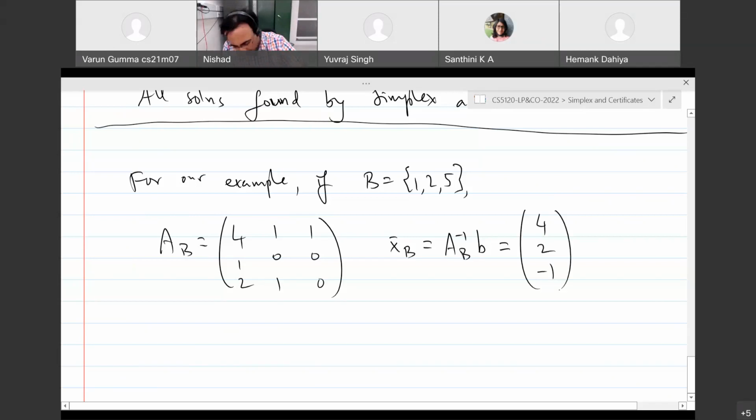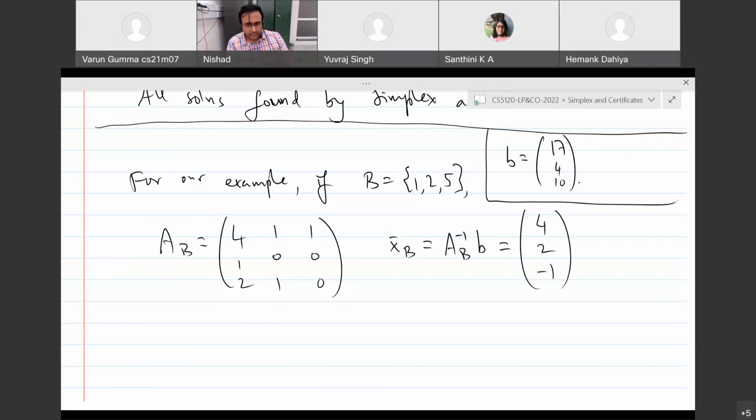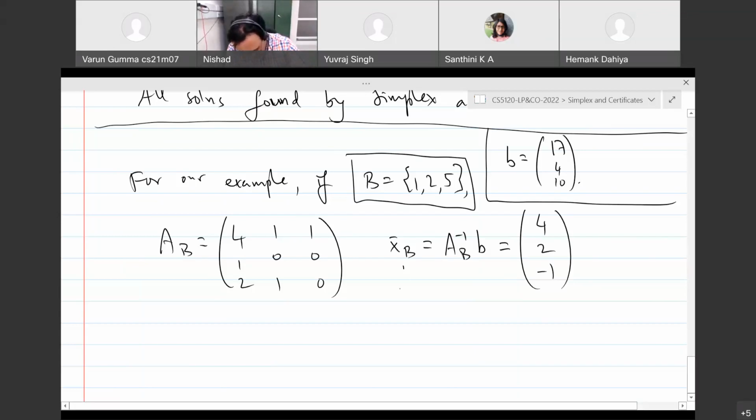Remember b is our same vector as before, 17, 4, and 10. So that's what you would get. And notice that this is a basic solution because B is a basis. You can see that these columns are actually linearly independent. However, the solution is not non-negative.